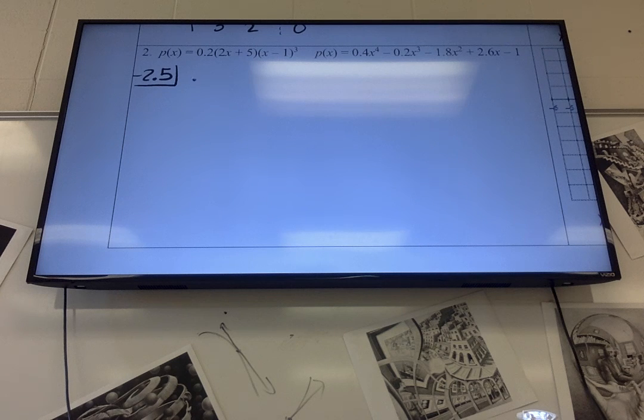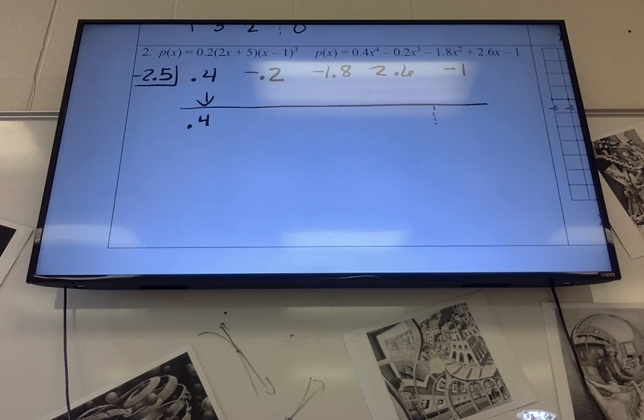Okay, so I have 0.4, negative 0.2, negative 1.8, 2.6, and negative 1. Ooh. I'll be totally honest with you, I'm so using a calculator.